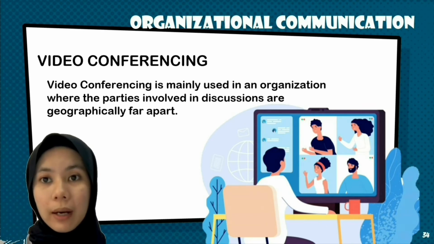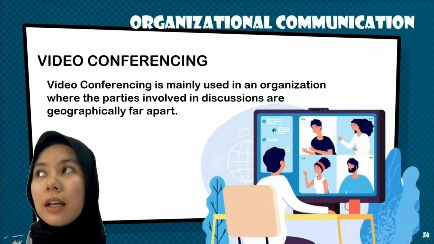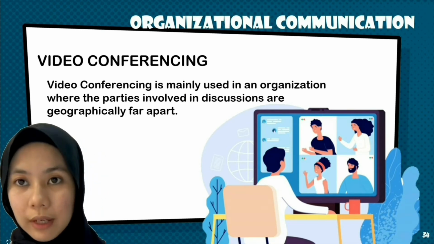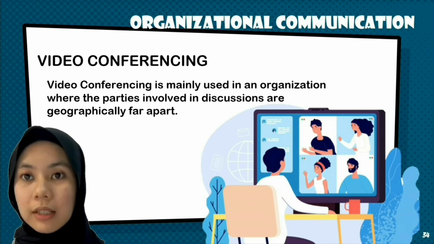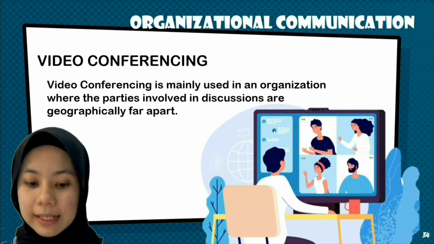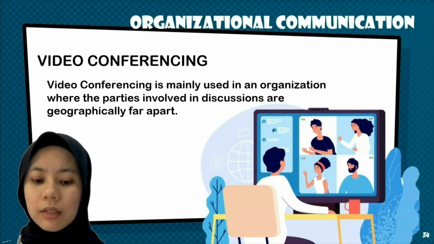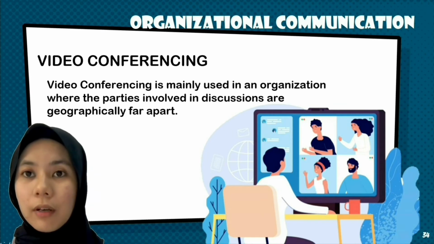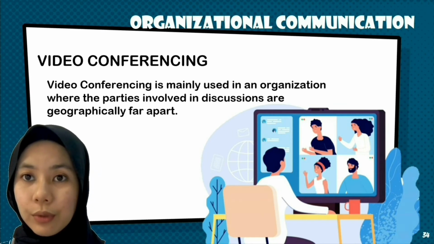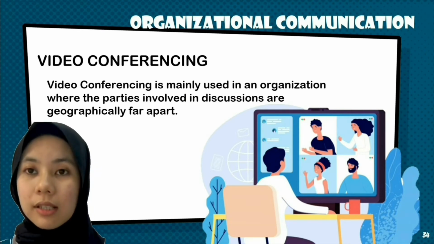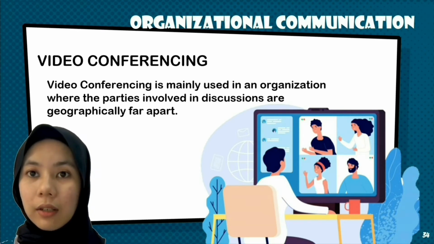Someone is far apart, someone is in the office, so we can use video conferencing to meet together in the same room. Other platforms are Skype, Google Meet, Zoom, and Microsoft Meet. These are platforms we can use for an organization to discuss something important.